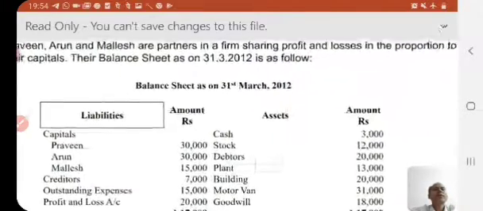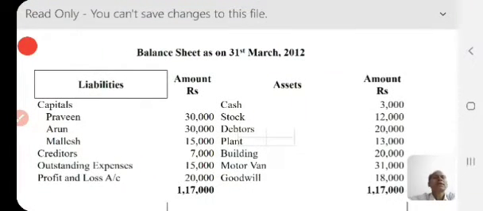Yes, liabilities. Capitals: Praveen 30,000, Arun 30,000, Mallesh 15,000.